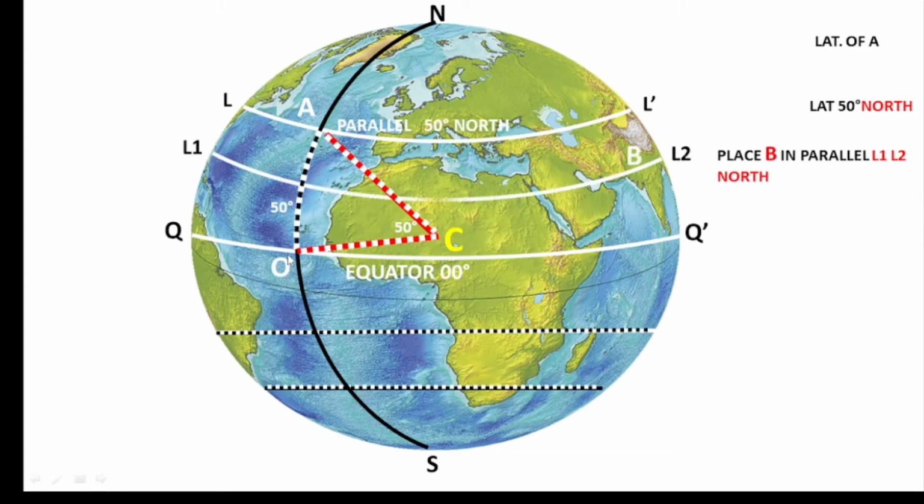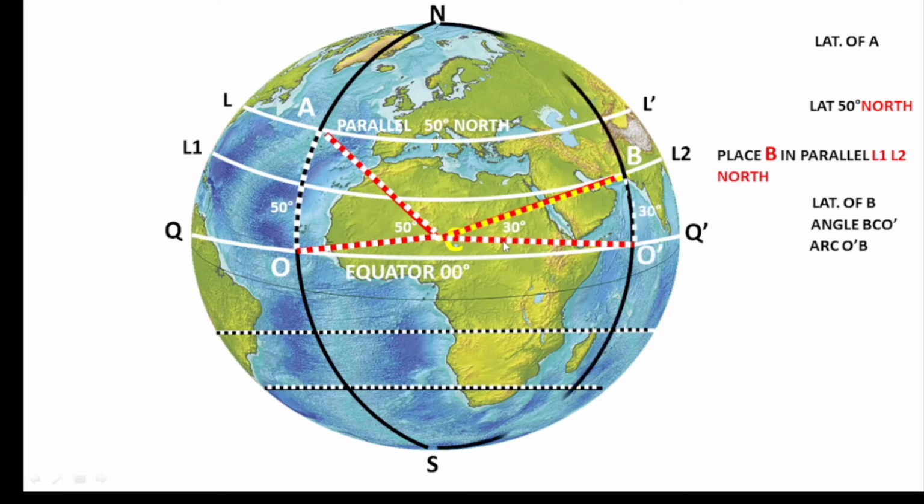Taking another point B on parallel latitude L1, L2, again north of the equator, so north latitude, and defined as the angle at the center or arc of the meridian, I've taken it as a 30 degrees value. And being north of the equator, the latitude of B is 30 degrees north.